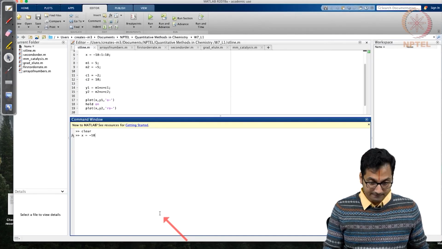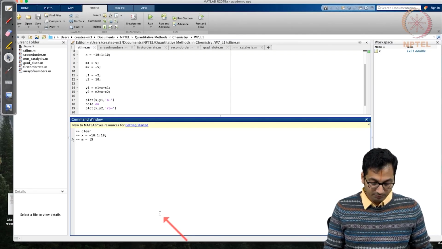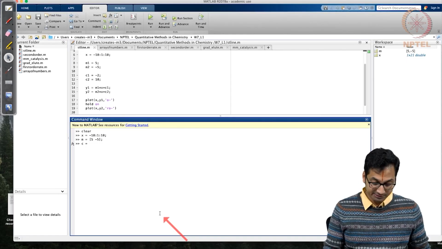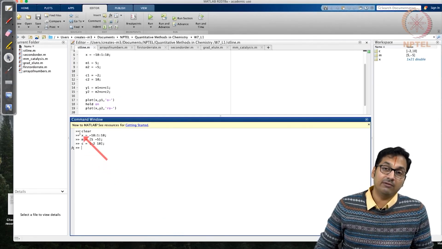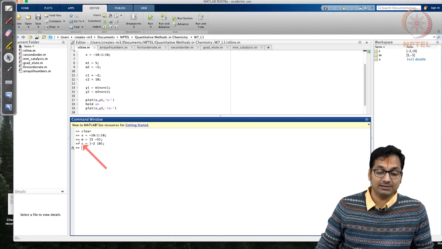So minus 10, 1 integer units until 10, and then instead of giving slopes this way, you can give a slope which is also an array, and we can also give intercept that is an array which we have just ended up using. So far what you have seen, we are declaring the variable x, we are also declaring the variable m, and then we are declaring the intercept as variable c.